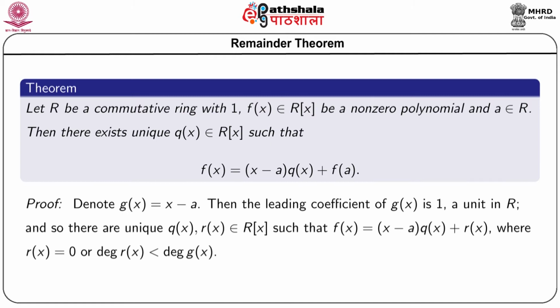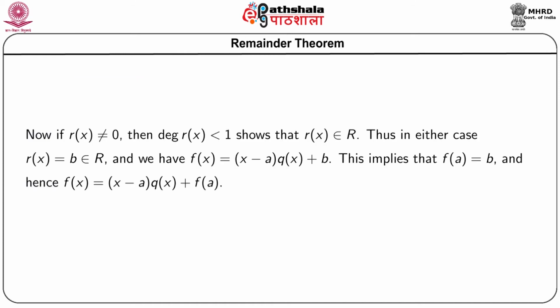So, either r(x) equals 0 or r(x) is a non-zero constant. In either case we can assume that r(x) is b, it may be 0, may be non-zero, and hence we get f(x) equals (x minus a) q(x) plus b. Since b is independent of x, we get f(a) equals 0 plus b, that is f(a) equals b.